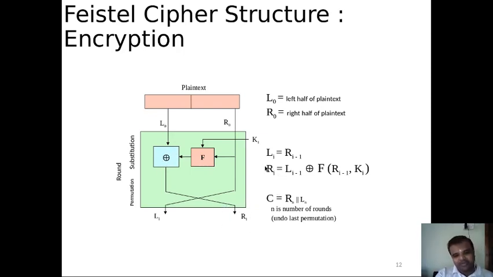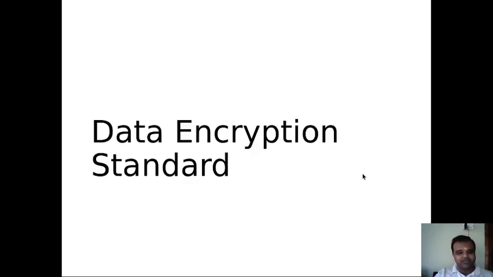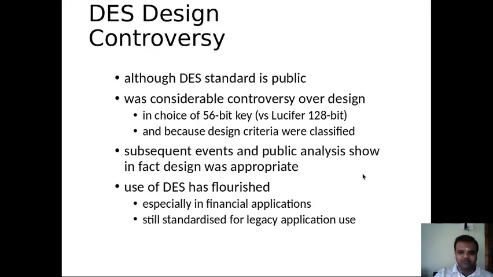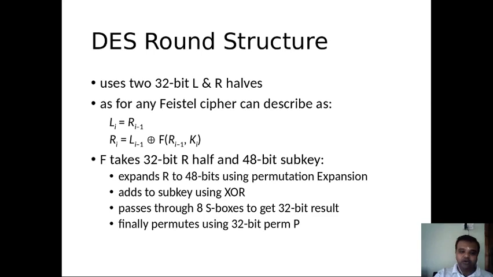So the right half of the second round is going to be the left half of the first round XORed with some f function of the first round right half with the round key. This is how the DES round function works, exactly as the Feistel structure worked. That is why I mentioned that the Feistel structure is very important.